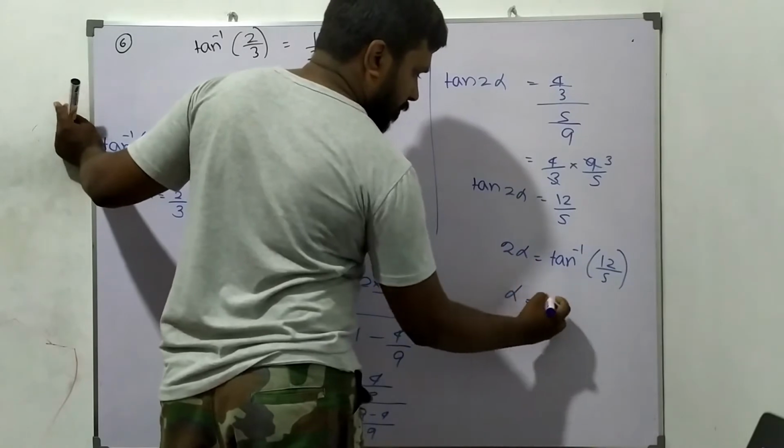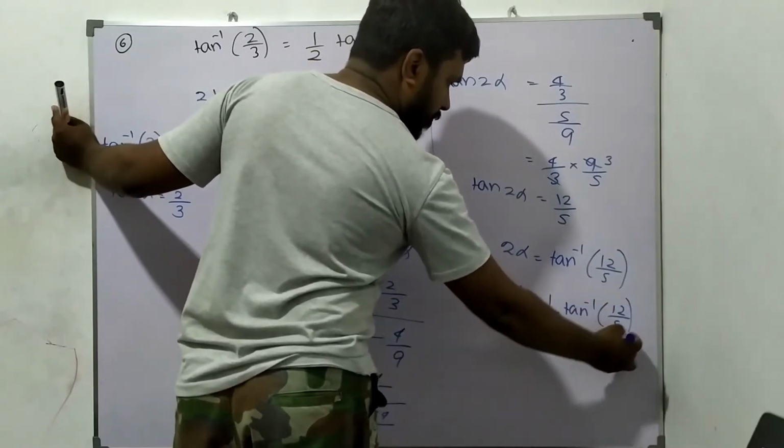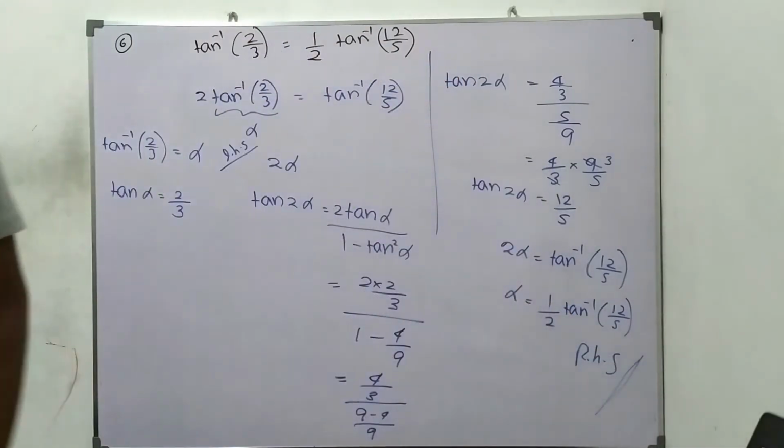So 2 alpha is tan inverse 12 over 5. So this is my right hand side. Okay, so then we found the value of the right hand side starting from the left hand side.